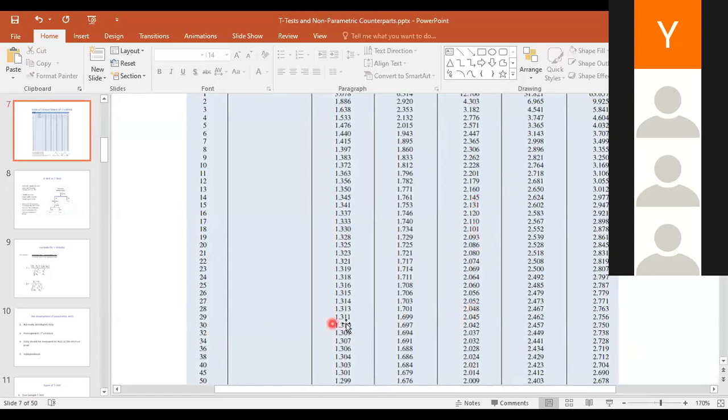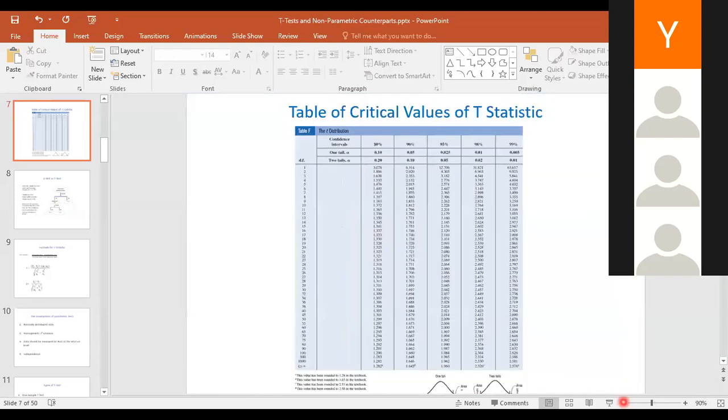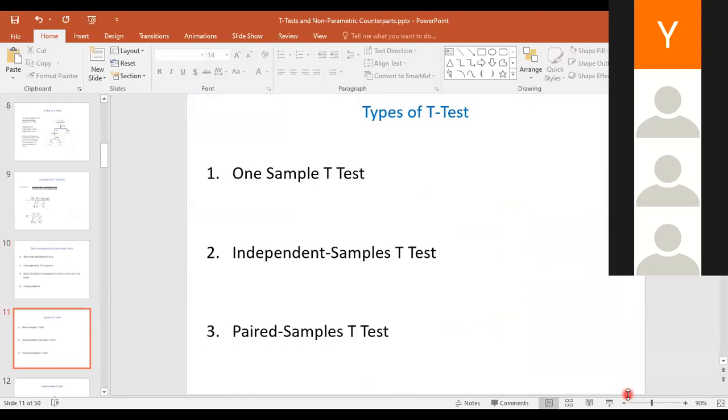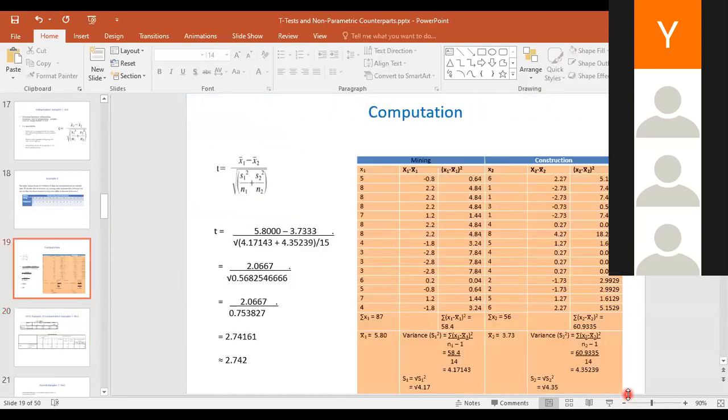Look at it: 2.048. So what we calculated is still greater than the critical value. So I say that, sorry, it's significant. So what you get is 2.74.